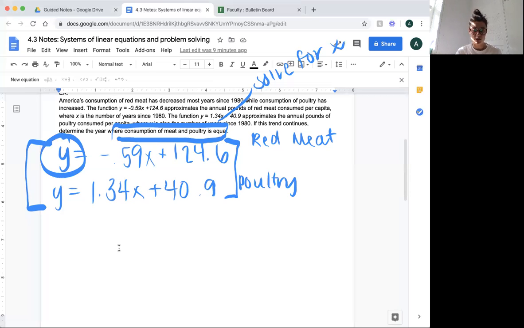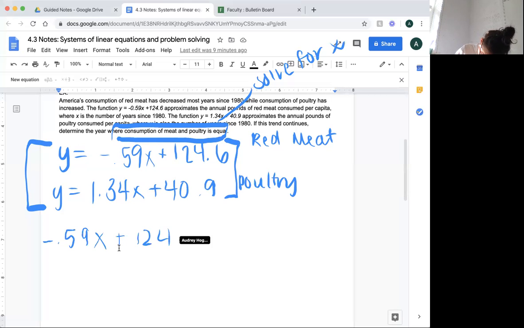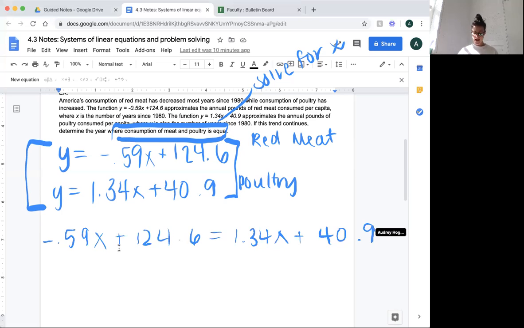So what we're going to do is substitute that y into y in our second equation. So we know that negative 0.59x plus 124.6 equals 1.34x plus 40.9.